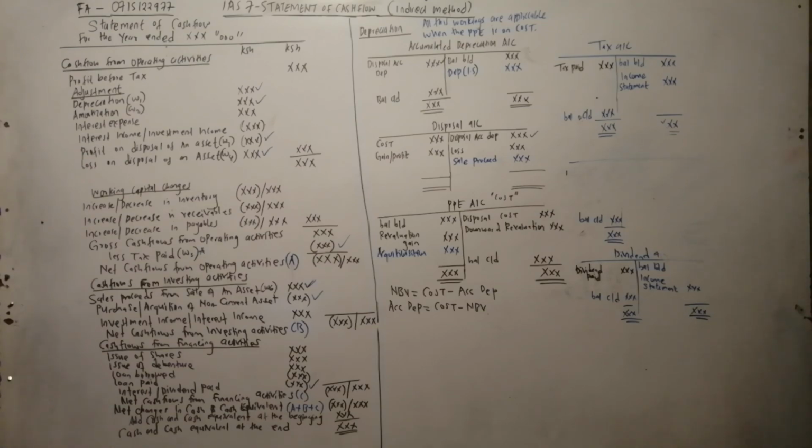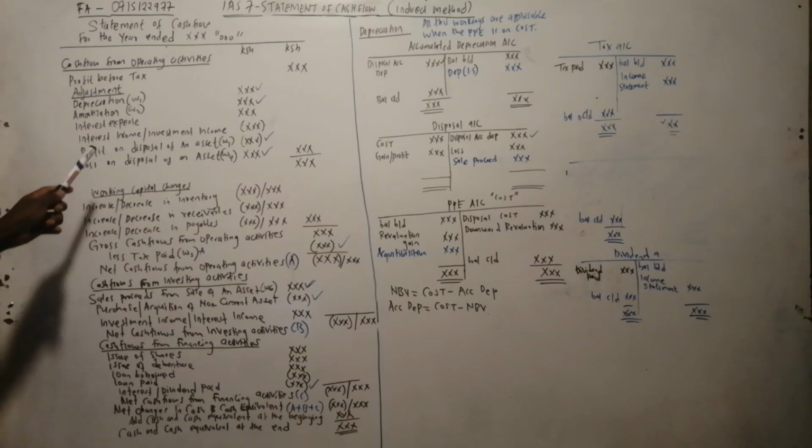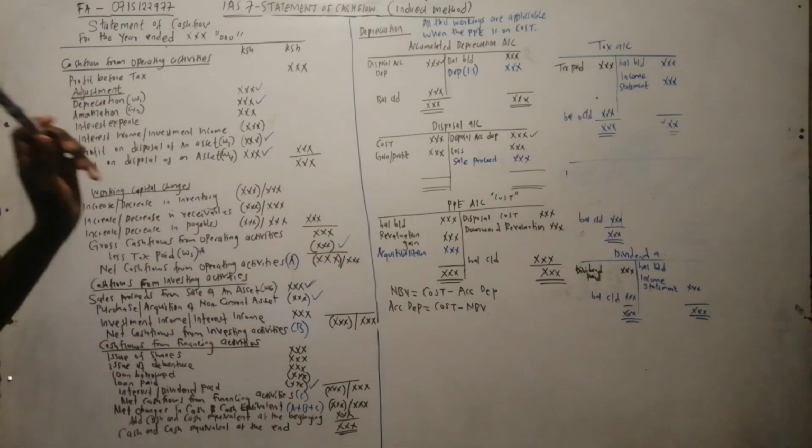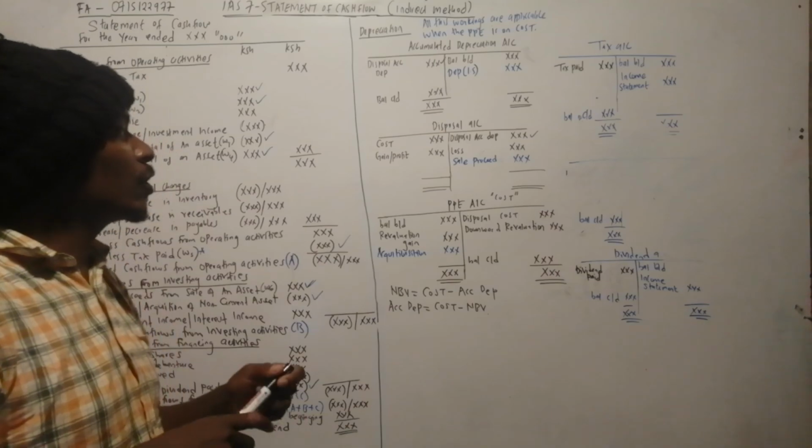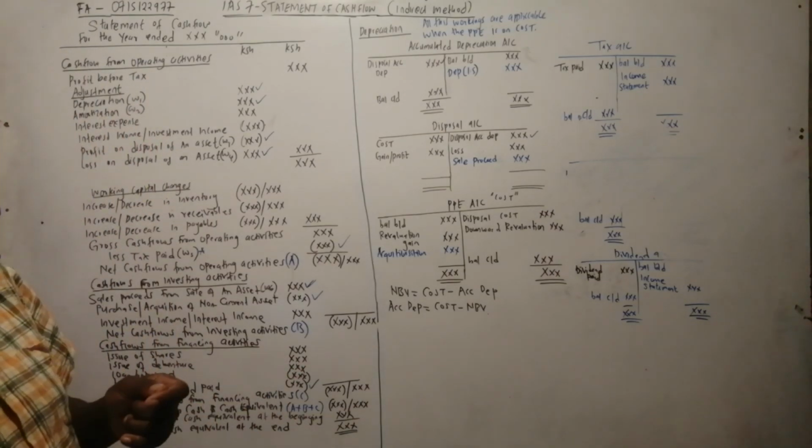In this case, we did some workings where we were required to determine the depreciation that is supposed to be recorded in the cash flow statement. That one you calculate from the accumulated depreciation.